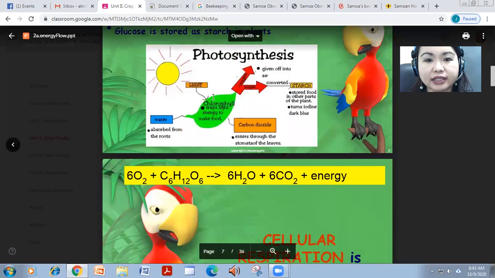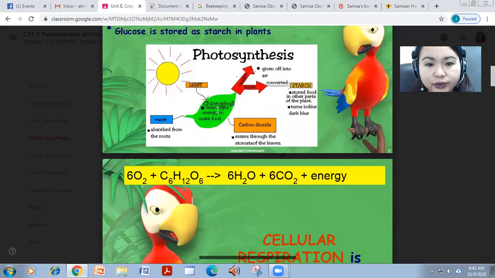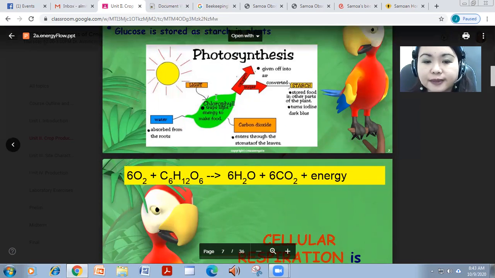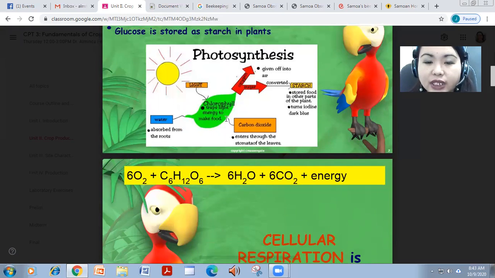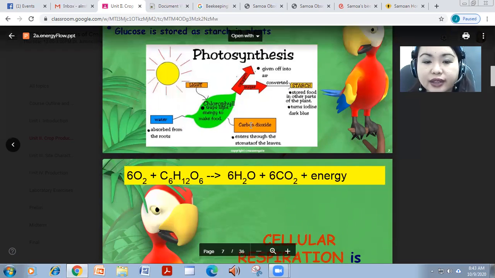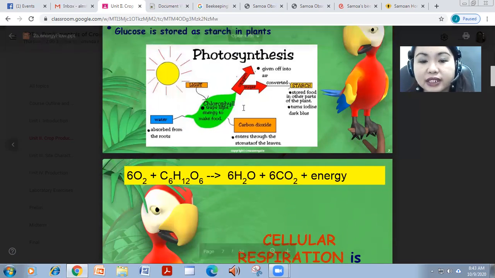So this is what actually goes on in photosynthesis, where water is absorbed from the roots, and then light comes from the sun, picked up by chlorophyll, which traps the light energy to make food, and carbon dioxide enters through the stomata of the leaves.